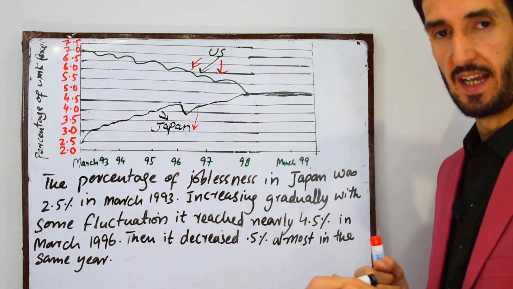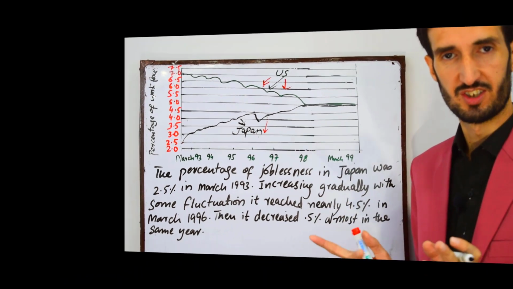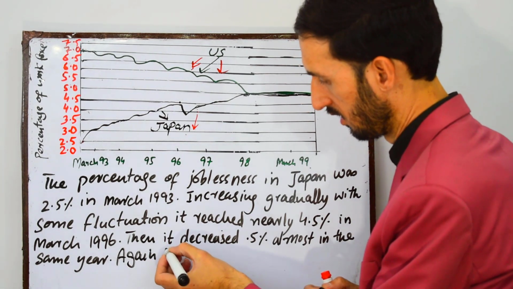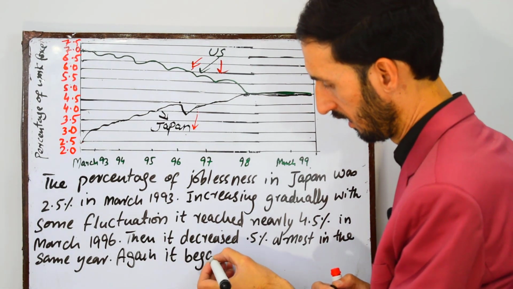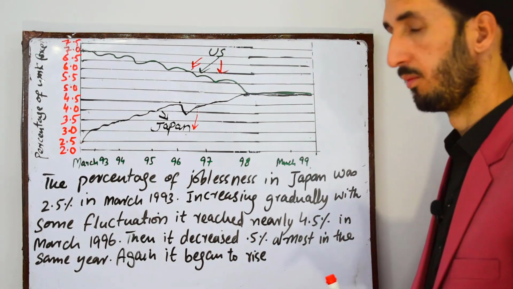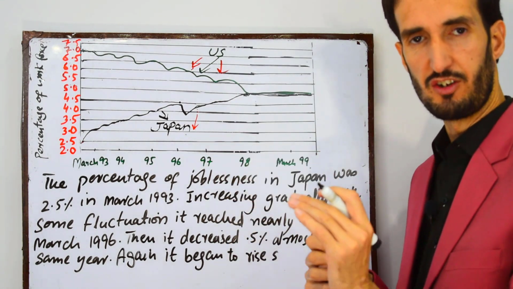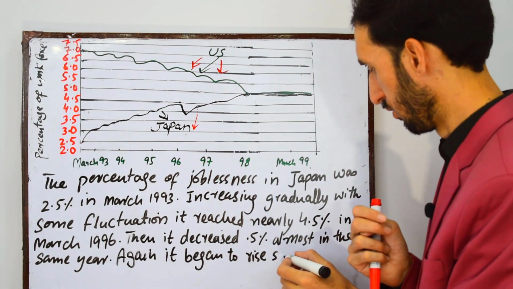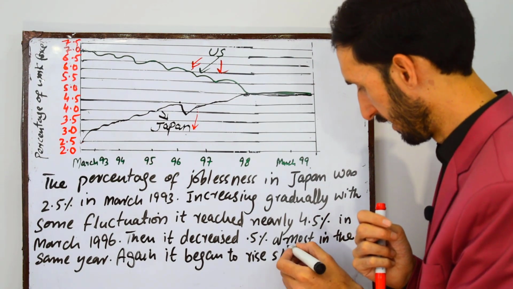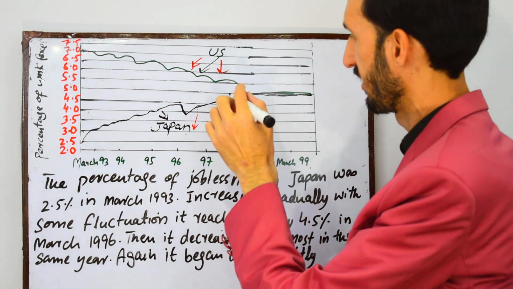Now what happened next? Here again, it began to rise slightly. It's going slowly, so I've used the word slightly. And it reached 5%.